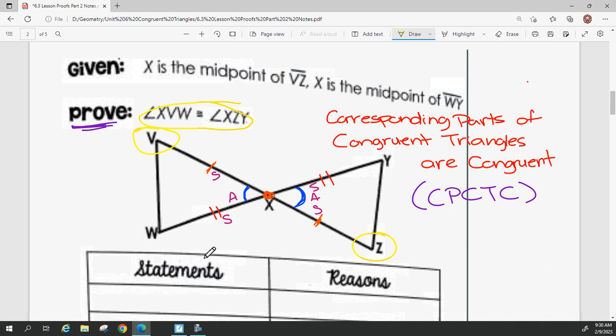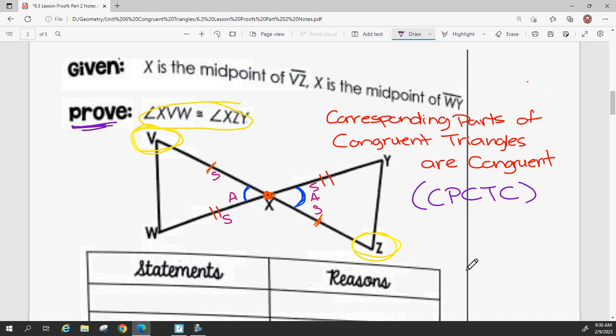Once we prove these triangles are congruent, we're allowed to say those angles are congruent because they are corresponding parts in two congruent triangles. So let's get started on our proof.